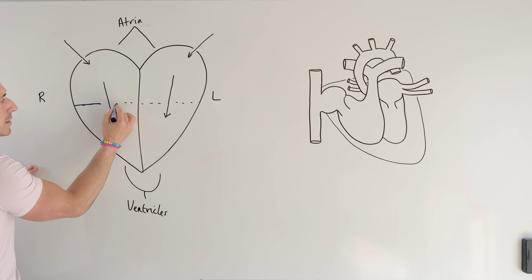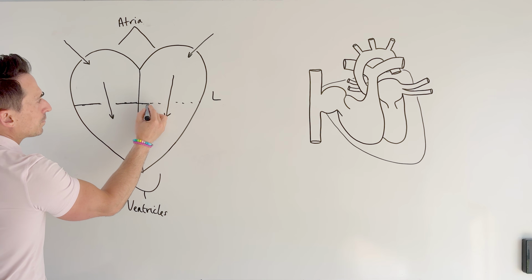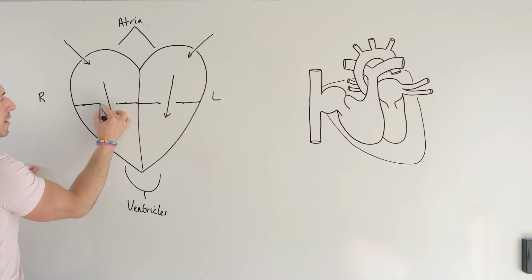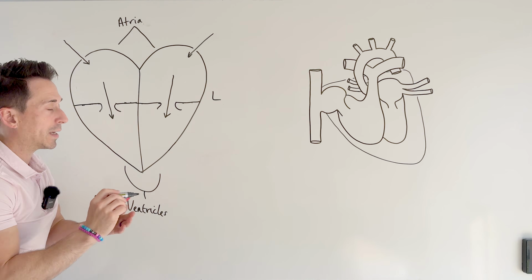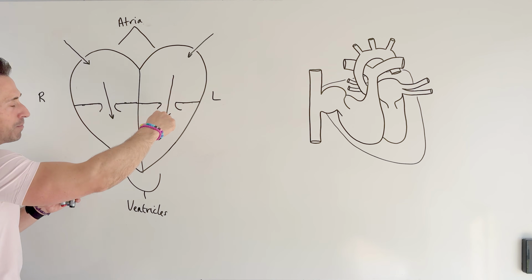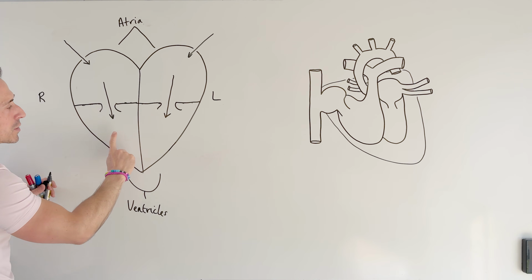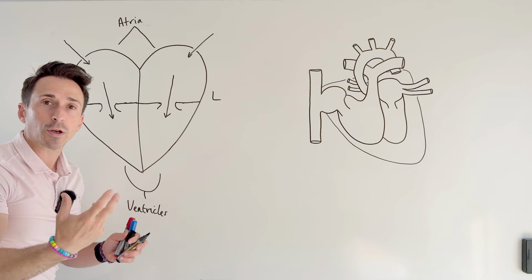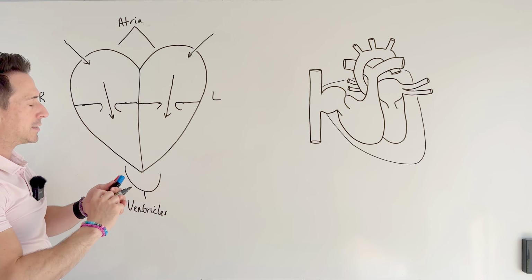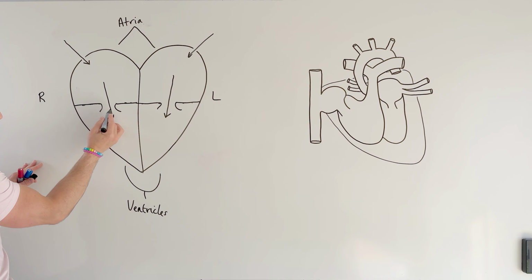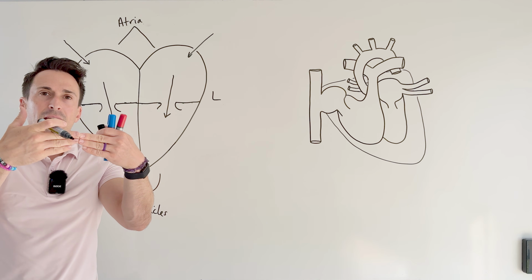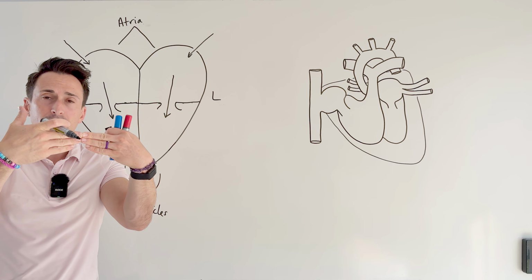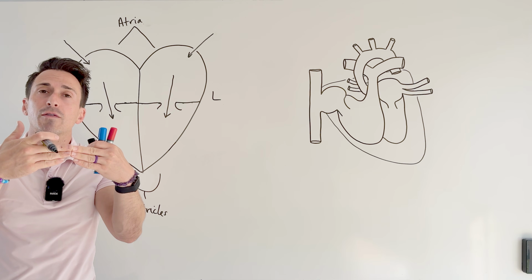So here that's going to be solid tissue, but there's valves. Now the thing about valves is that all valves are one way. It only lets the blood move in this direction. When those valves close, it stops the blood from going back. That's called regurgitation, and that can happen in certain diseases. So the valve on the right-hand side, you've got a valve, and it might have 2 cusps, 1, 2, or it might even have 3 cusps.